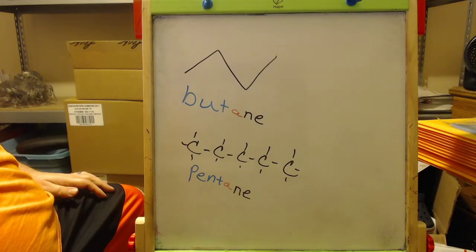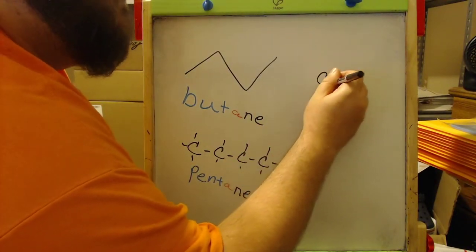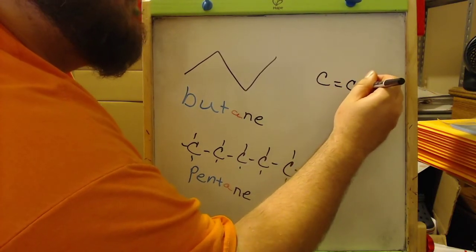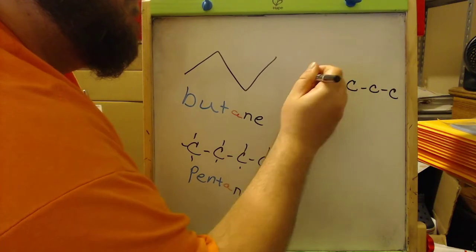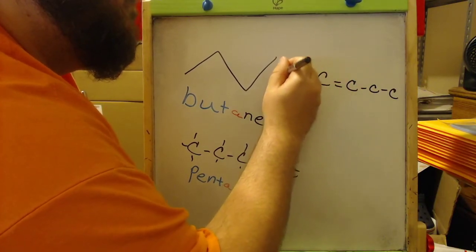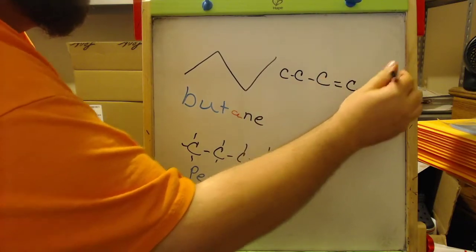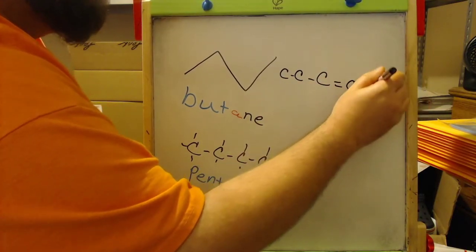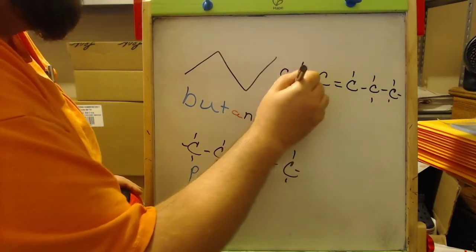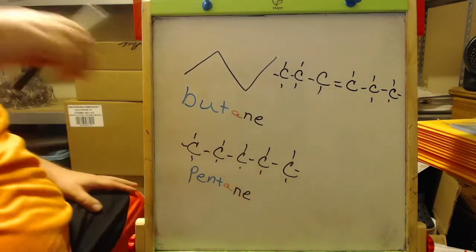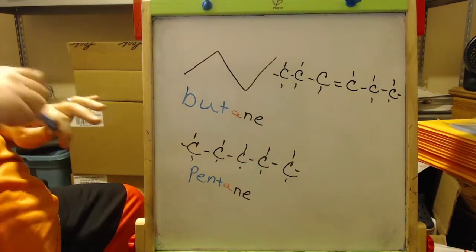What if we want to show a double bond? Let's do something like this. 1, 2, 3, 4, 5, 6. So we got 6 carbons. That prefix doesn't change.